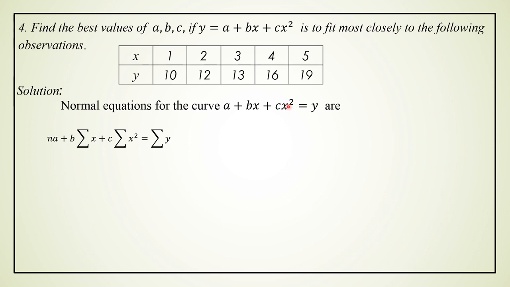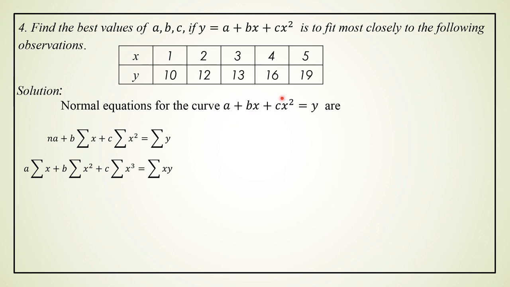Next you have x over here, so multiply x throughout and then take a summation of it. So it becomes a into summation x plus b into summation x square plus c into summation x cube, that is equal to summation of x into y.